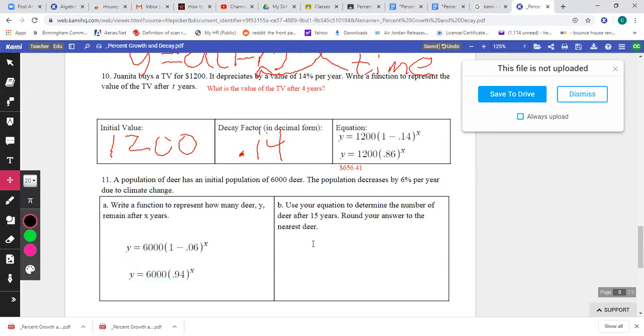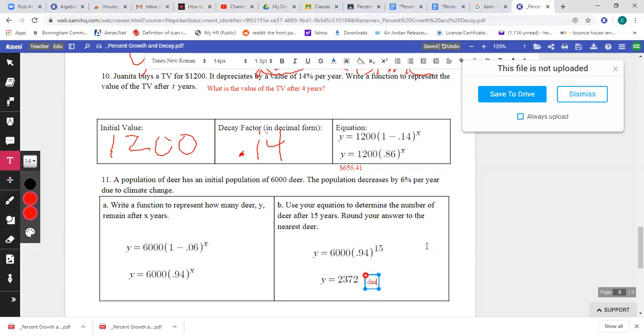Right here, if I want to find what it is after 15 years, I put in 15 there. And you should get y is equal to 2370. We're talking about deer here, so I'm going to round. So it's 2,372. There are 2,372 deer.